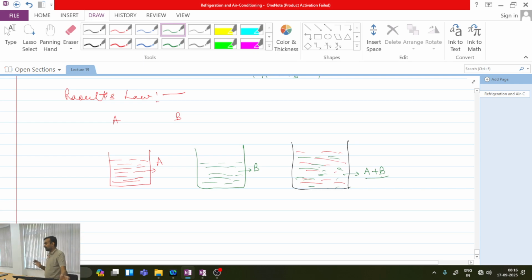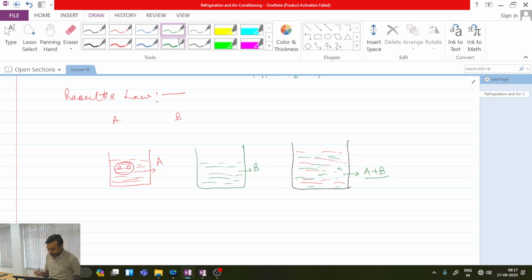Is this one clear? Now let us understand that whenever two A molecules will be here, so I will be having one molecule over here, one molecule over here. So these molecules will be having some intermolecular forces. It can be repulsive, it can be attractive depending upon the intermolecular distances, but there will be some intermolecular interactions between the molecules of substance A. Is this point clear?